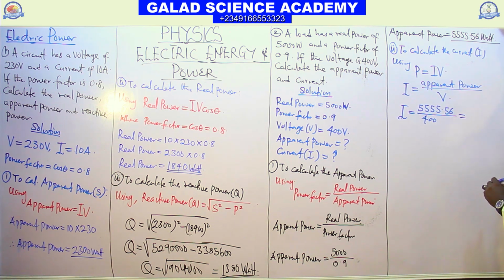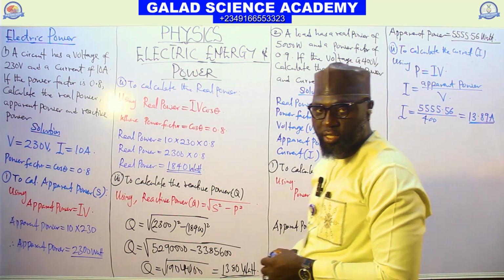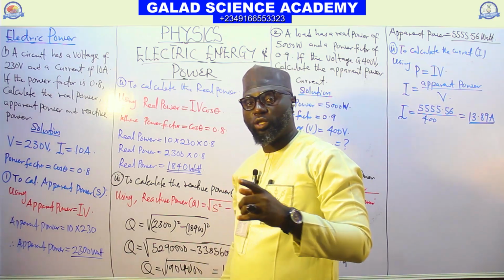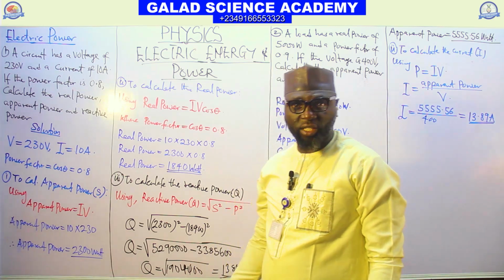If you press the calculator for the current, we have 113.89 amperes. That is the value for current. So I will give you the third question on this, and you will help me to solve it, and tell me the answer in the comment section.